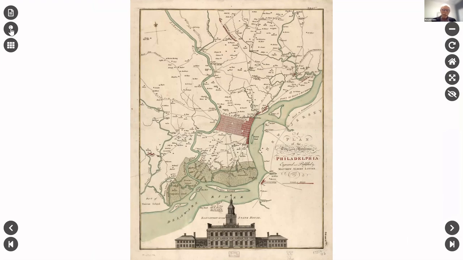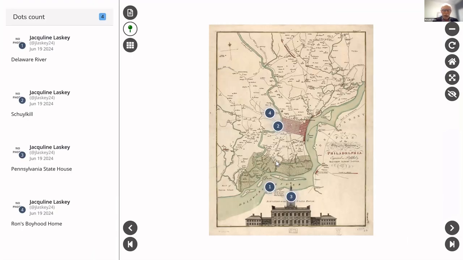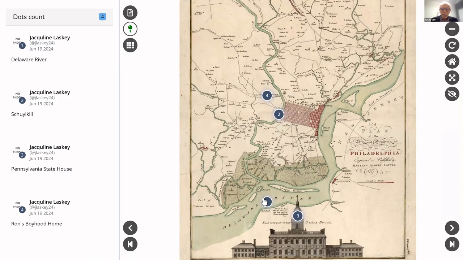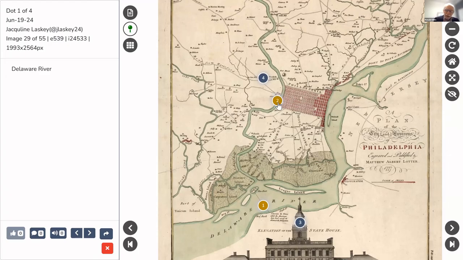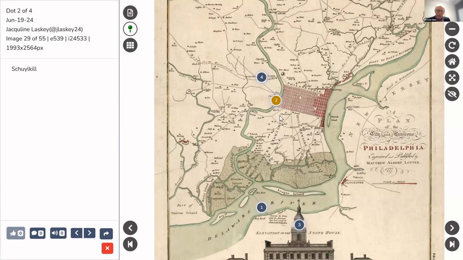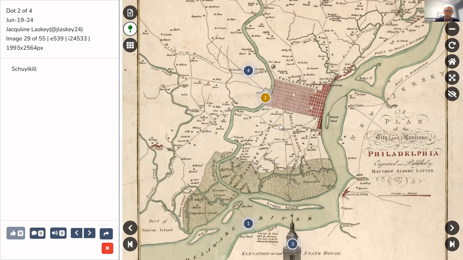It was situated between the Delaware River at dot number 1 and the Schuylkill River at dot number 2. Philadelphia had a population of 30,000, the largest city in British North America. It was a center of government, a center of science, a center of medicine, and a center of commerce and culture.